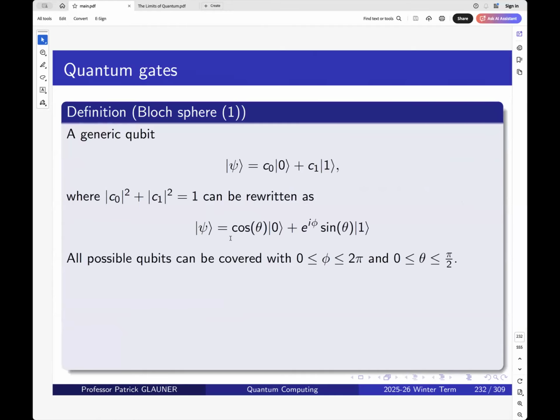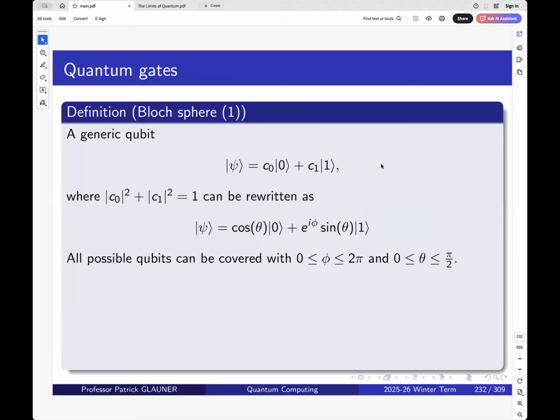Now, with qubits, we have the beauty that we just have two complex amplitudes, which are c0 and c1. So this is just our generic qubit, psi ket, which is c0 times 0 ket plus c1 times 1 ket. And we said that the modulus squared of c0 plus the modulus squared of c1 needs to add up to 1.